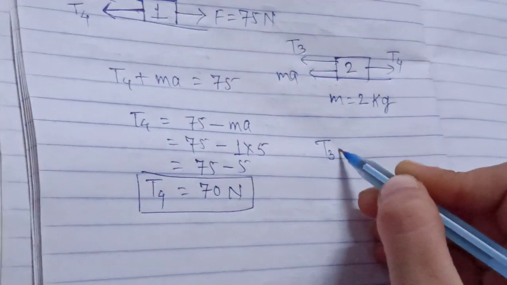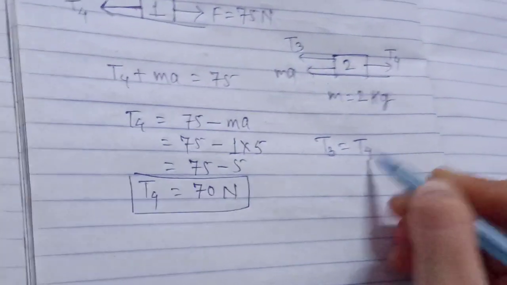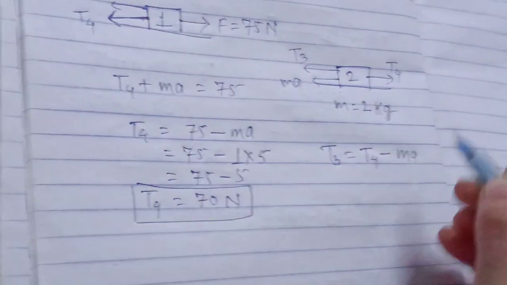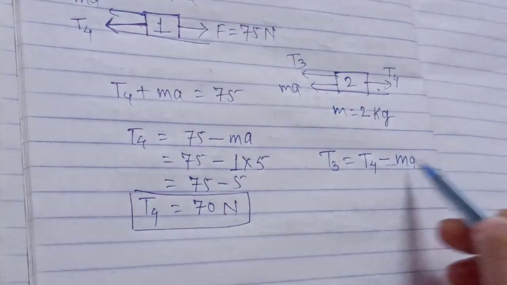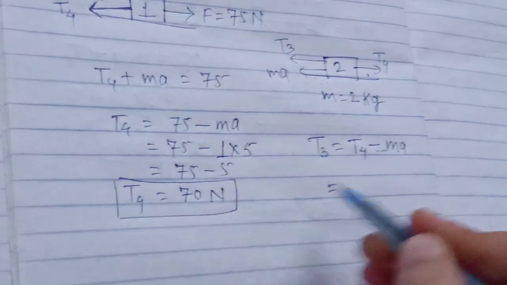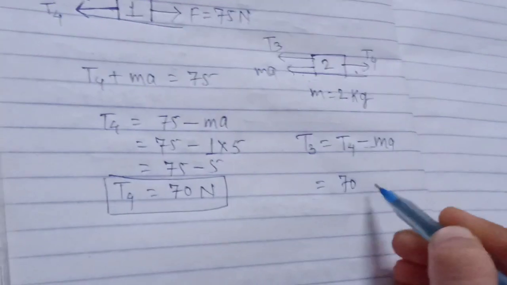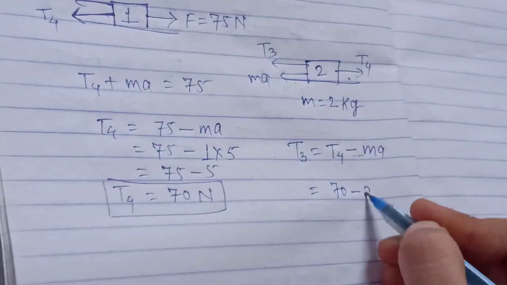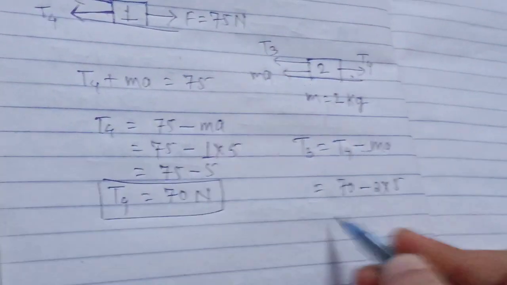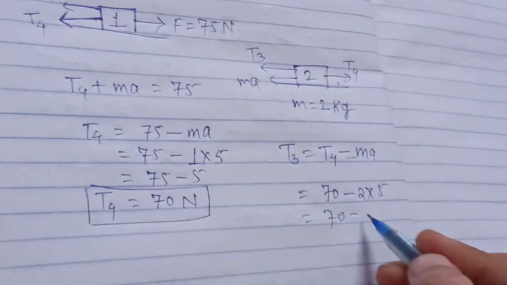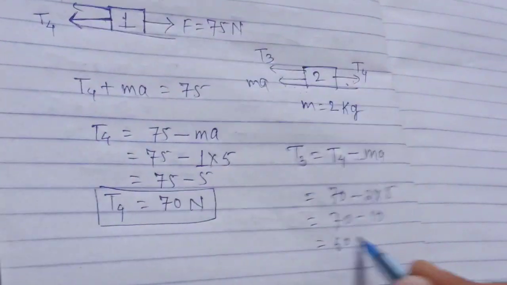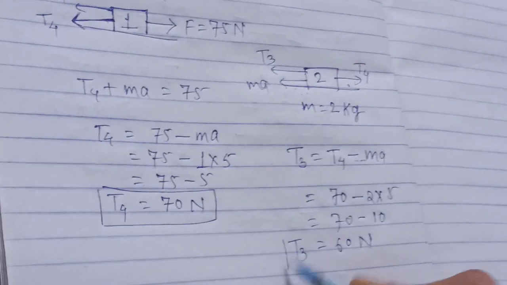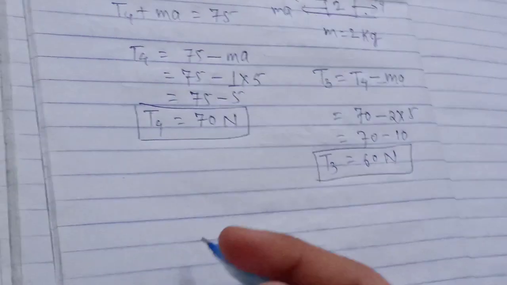T3 is equal to T4 minus MA, because this is in the opposite side, so minus MA. T4 is 70 minus, M is equal to 2, into A is equal to 5. 70 minus 2 into 5, that is 10, is equal to 60 Newton. T3 is equal to 60 Newton.